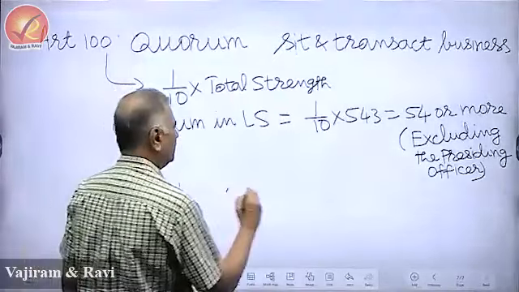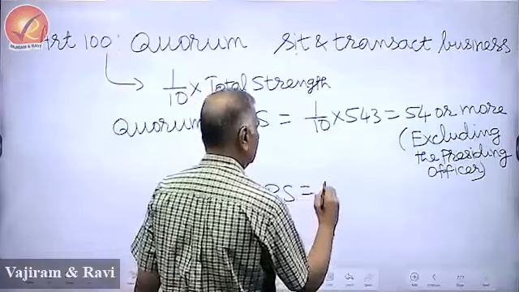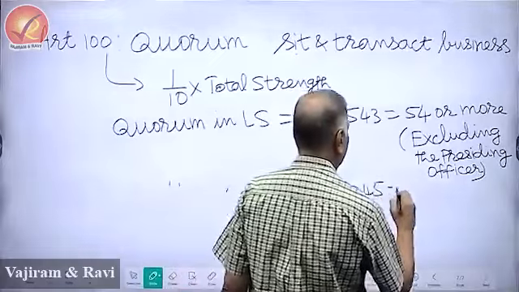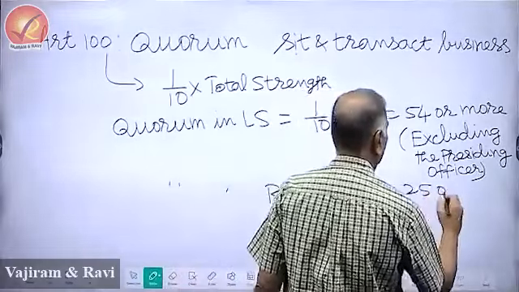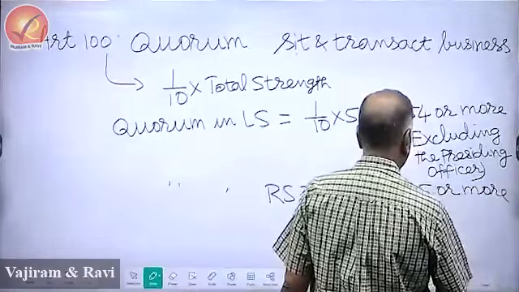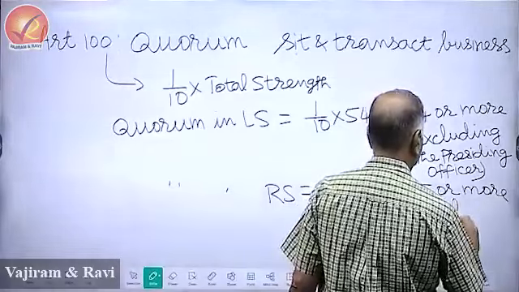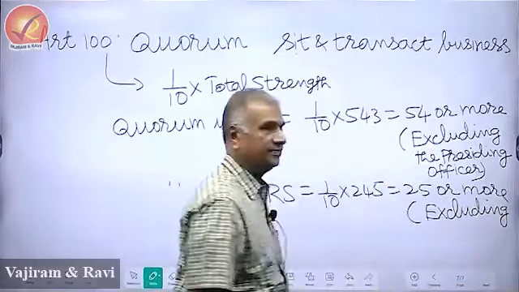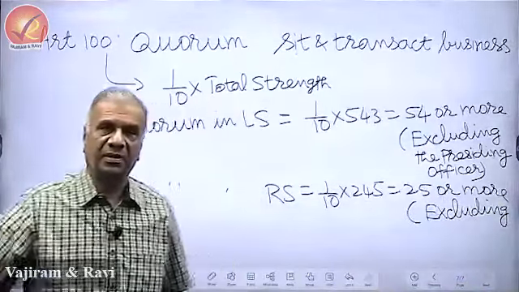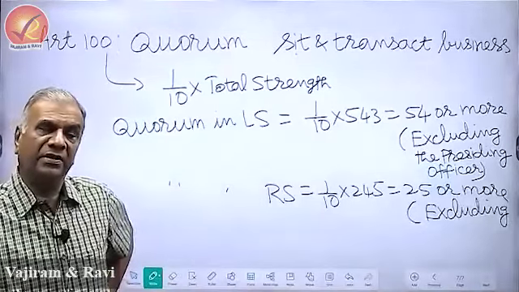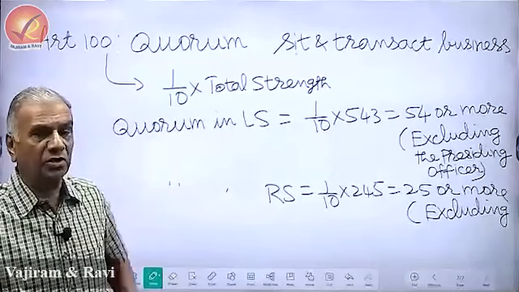And the quorum in Rajya Sabha is 1/10 of 245, which is 25 or more. This is also excluding the presiding officer. So the Rajya Sabha includes members elected from the union territories also.